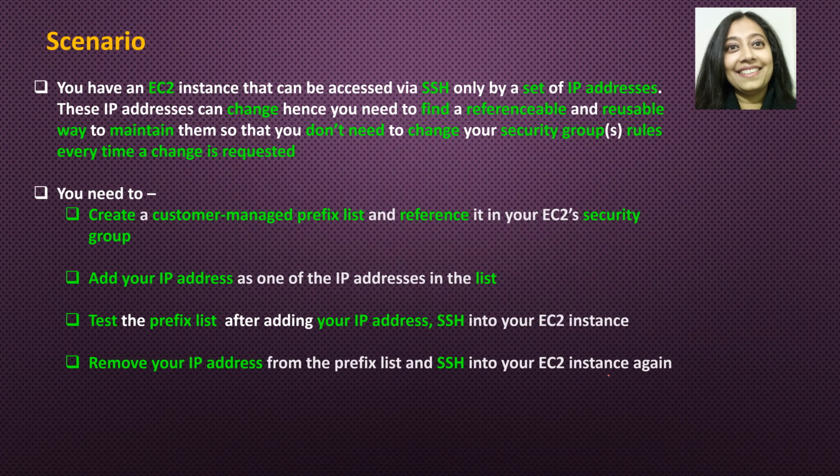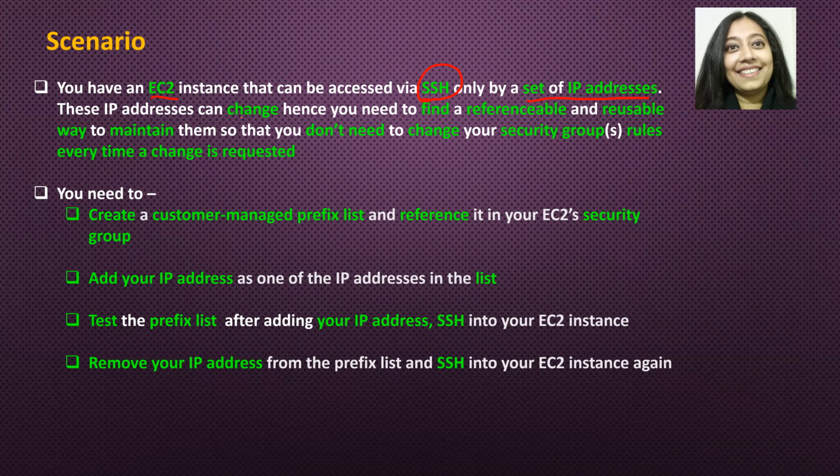Scenario for our lab today. You have an EC2 instance, and this can be any EC2 instance. Generally, if you have been watching my channel, I provision a T2 Micro Linux EC2 instance that can be SSH'd by a set of IP addresses.